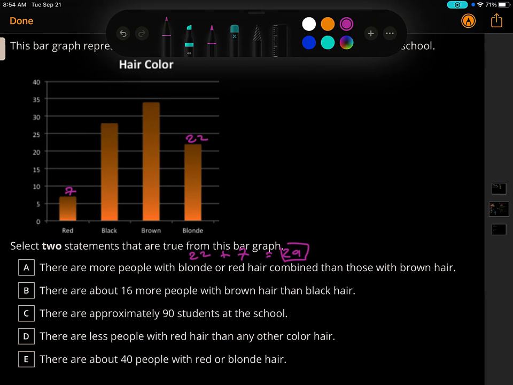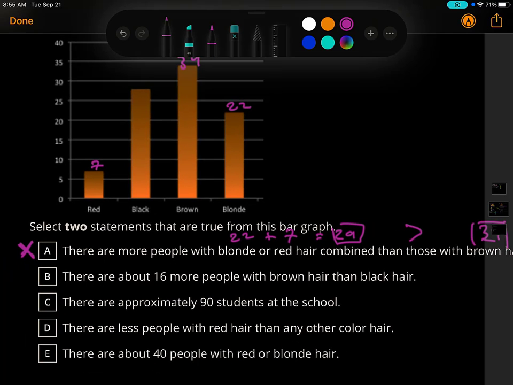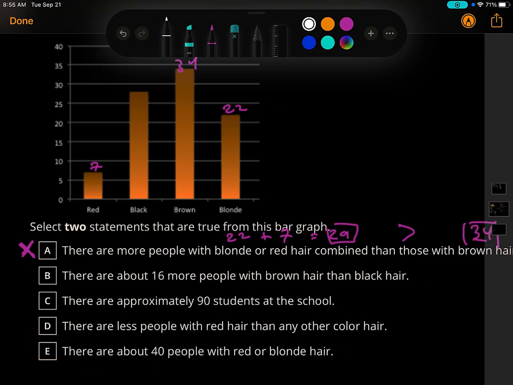Then those of brown hair. Brown hair looks like maybe 34. So they're saying the inequality 29 is more than 34. That is false, so I'm going to put an X. Put it next to the letter, not crossing out the letter. B, there are 16 more people with brown hair than black hair. So brown, we said 34, black hair is let's say 27.